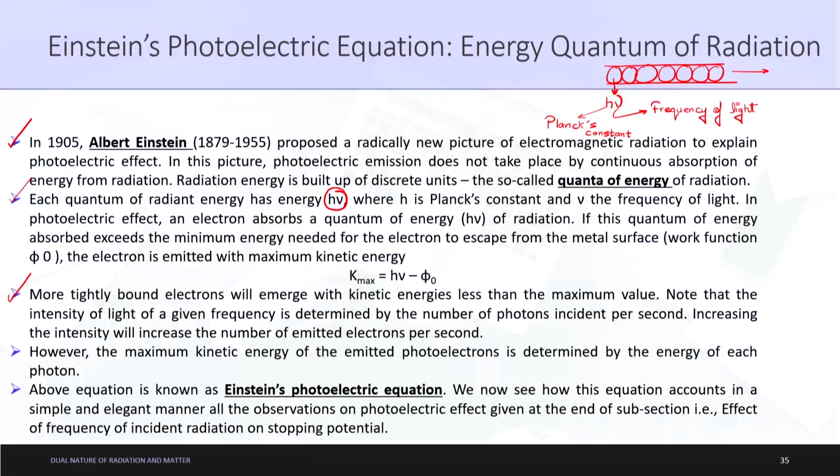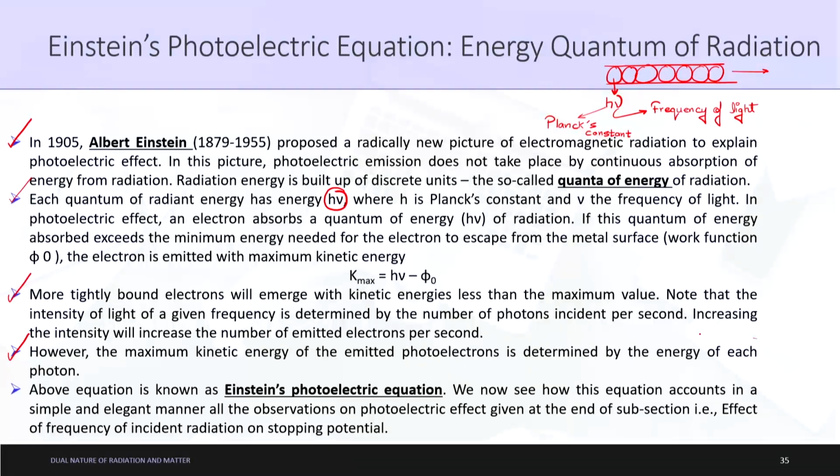Okay. So what we found out is that with an increase in the intensity, the number of emitted electrons per second also increases. Okay. However, the maximum kinetic energy of the emitted photoelectrons is determined by the energy of each photon. So basically the maximum kinetic energy depends upon the individual particle's energy.